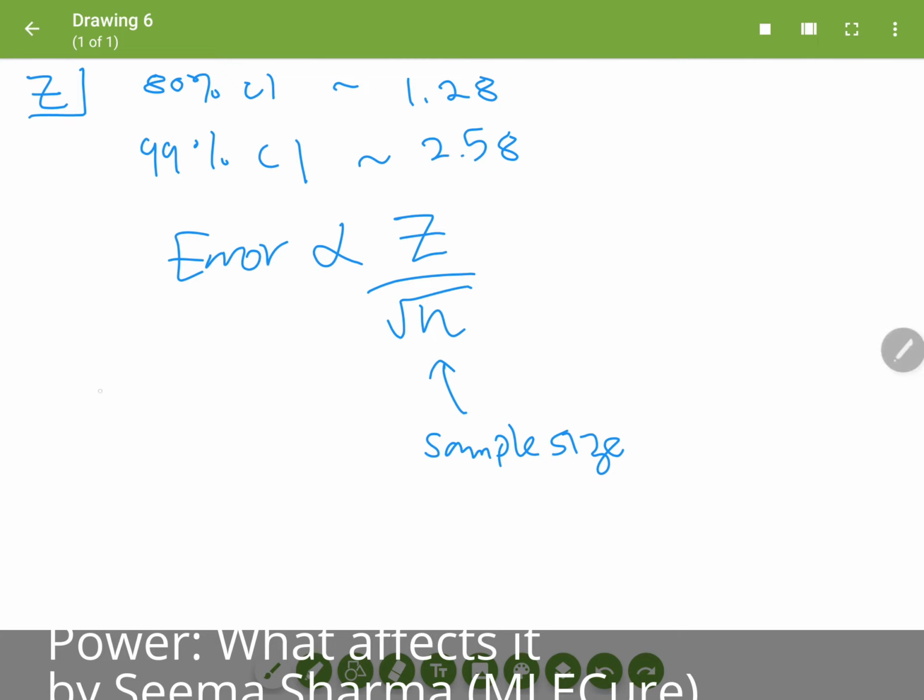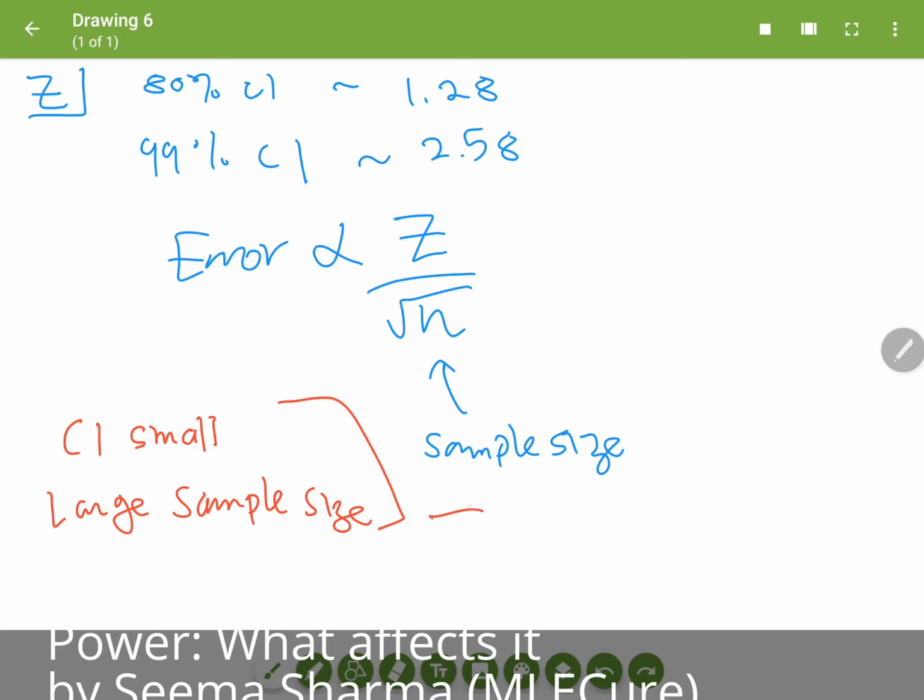So you want as small of a confidence interval as possible and a large sample size, and the interplay of those two gives you more power.